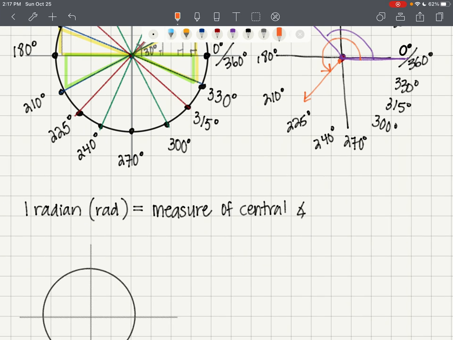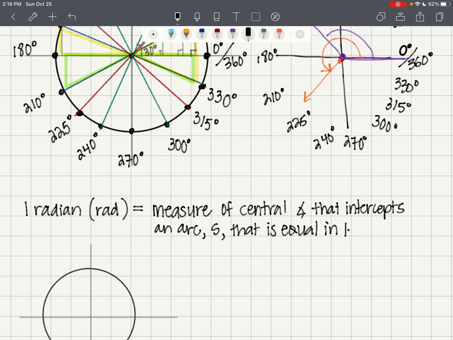It's the measure of the central angle that intercepts an arc that we'll call S that is equal, or equal in length, to the radius length.